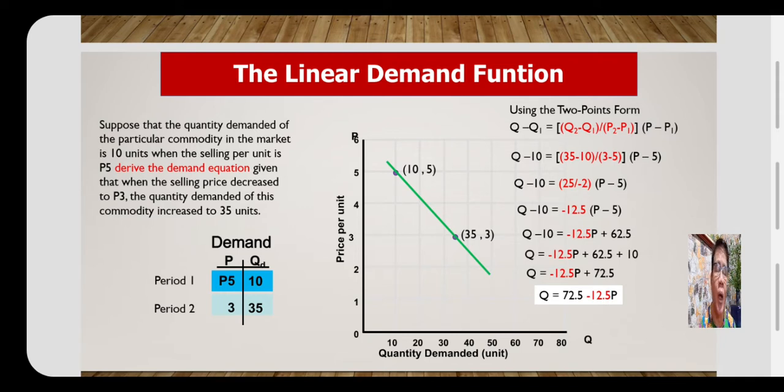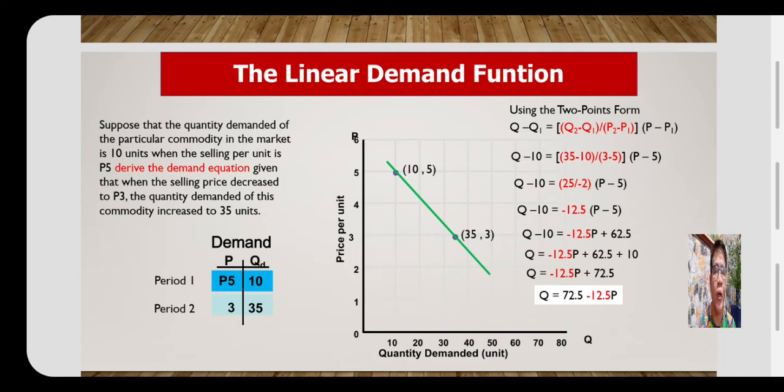The second paired value is 35 and 3, 35 being the quantity and 3 pesos being the price for the second point, which is referring to the second period. If you will notice, we are moving downward from left to right along the Cartesian plane.